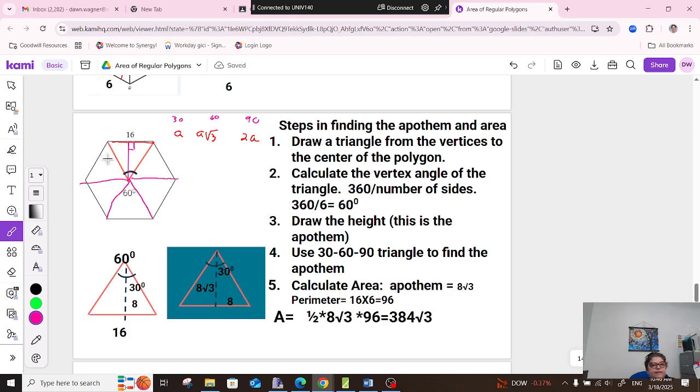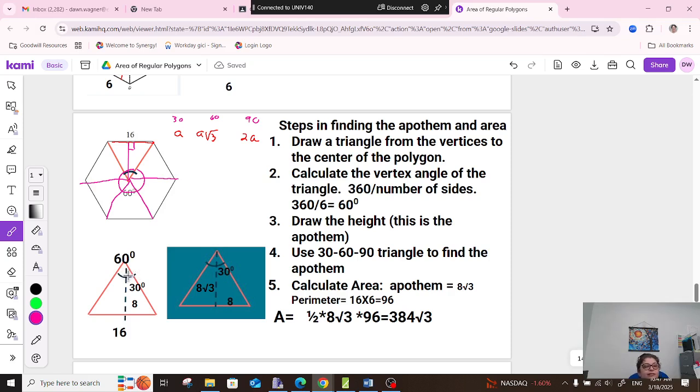It's a 6-sided figure, right? 1, 2, 3, 4, 5, 6. Doesn't this look like a pinwheel going around and around? So each of these triangles are equal. And if I drew it, what does that make? A circle. If you take 360 and divide it by the number of sides, that actually equals this vertex angle.